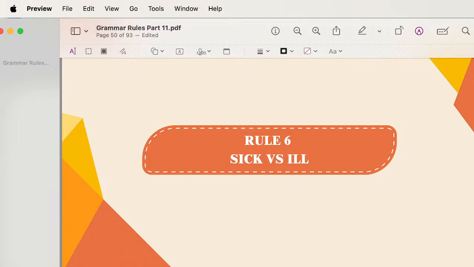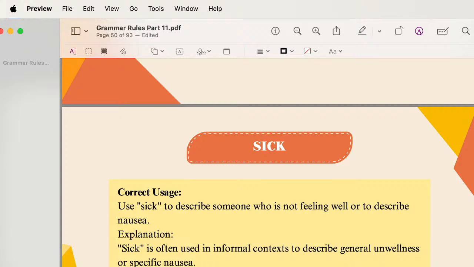Now, very, very important. What do you think is the difference between sick and ill? Alright, so sick is used to describe someone who is not feeling well or to describe nausea.